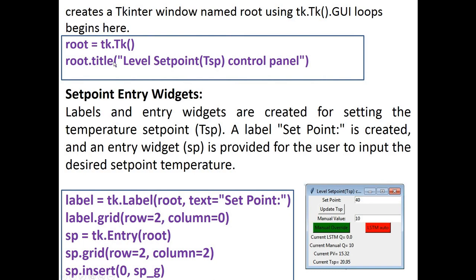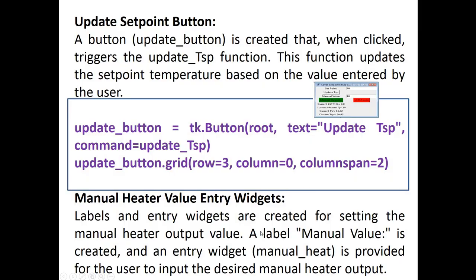To build the Tkinter GUI, you simply write root = tk.Tk(), and this kind of screen you are now trying to create. You have to create different labels like set point, and create more and more labels.